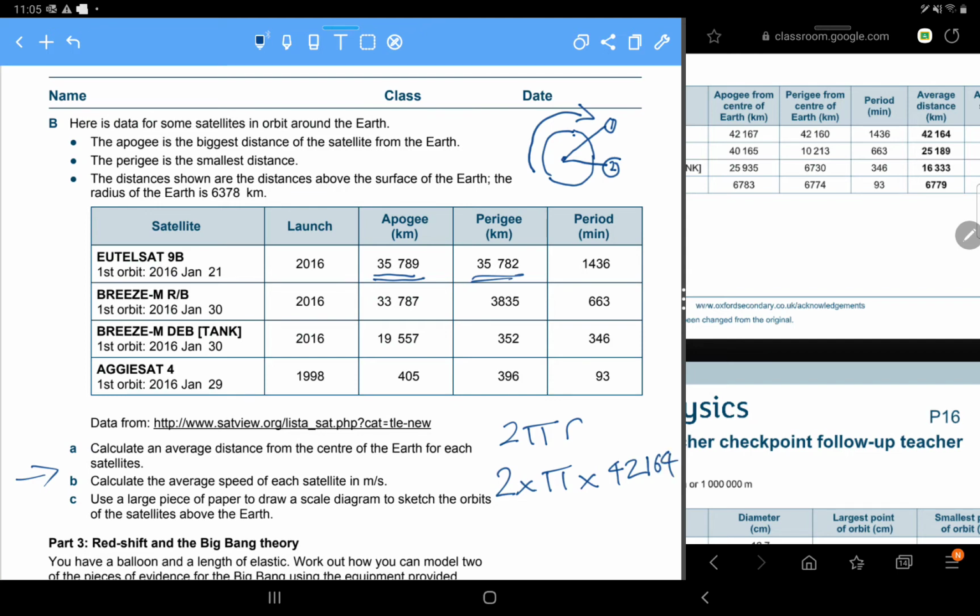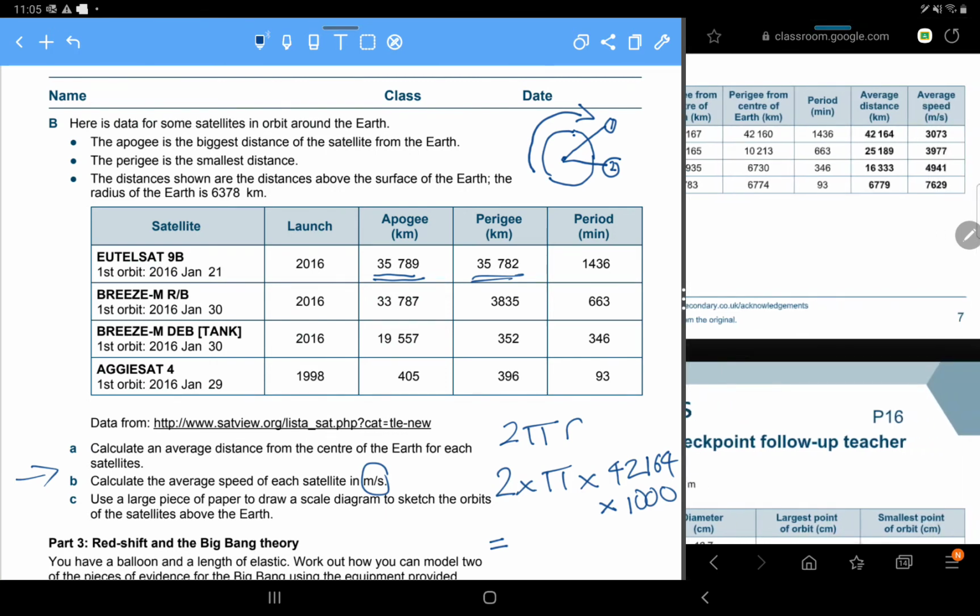But it's actually asked for meters per second. So that's 42,164 kilometers, so we need to times that by 1,000 to get that into meters. And if you calculate that, for the first one, you get 3,073 meters per second. And then obviously you do the same with the others.